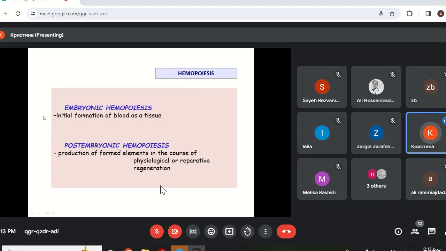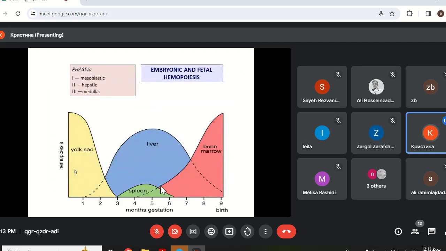And it is subdivided into processes of embryonic hemopoiesis, when the blood is first formed as a tissue, and post-embryonic hemopoiesis, which is the renewal of blood elements. Here you can see the embryonic and fetal hemopoiesis.